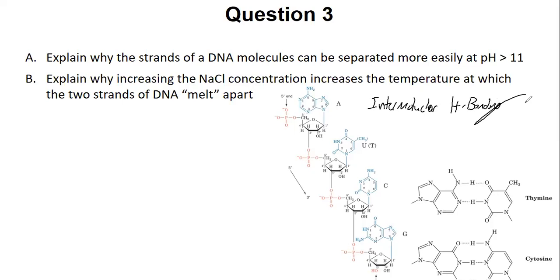Okay, good. B is a little more tricky. Why, when I increase the salt concentration, is it harder to separate DNA? That is, why when I add salt, do I need to put in more temperature, more heat to separate DNA? B is a thinker. Does anyone have any hypotheses for B? Why is there a correlation?